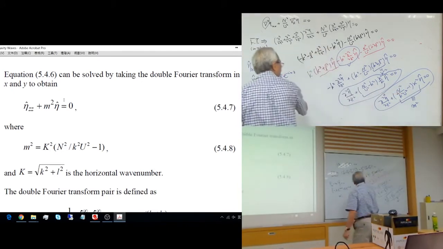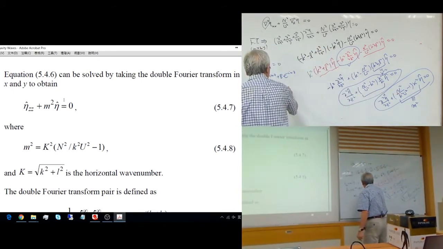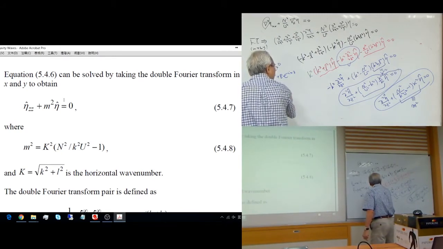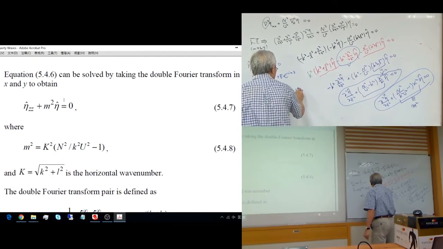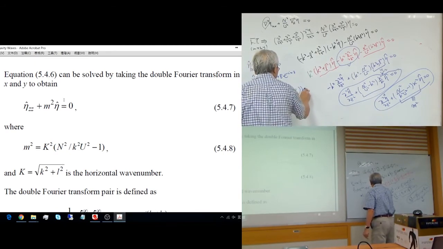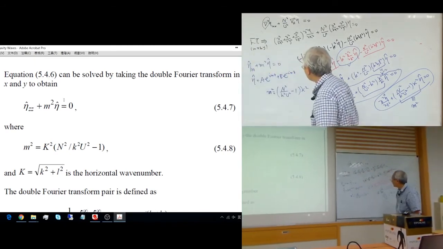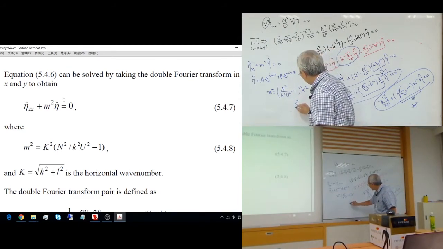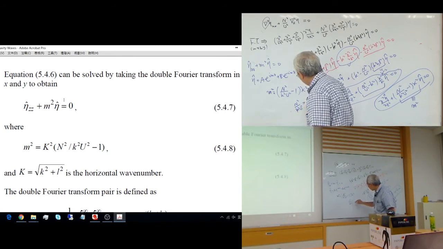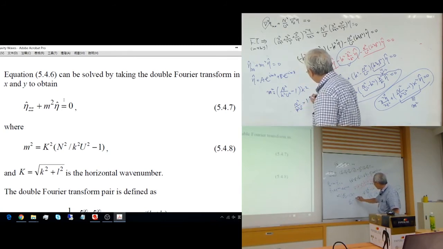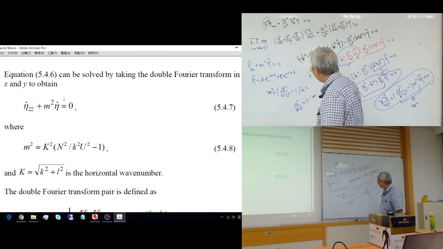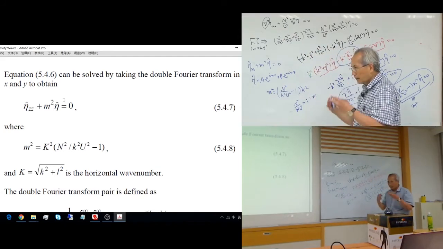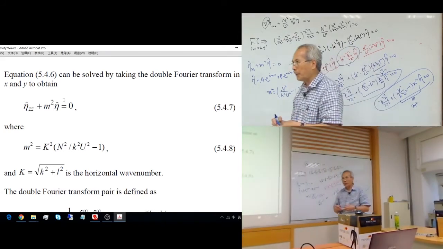So it will be N squared over K squared over U squared minus 1 times kappa squared. So if N squared and K squared over U squared is greater than 1, then that means M is real or imaginary number.